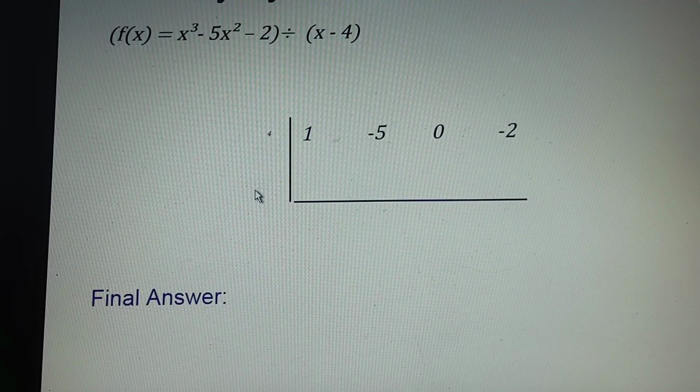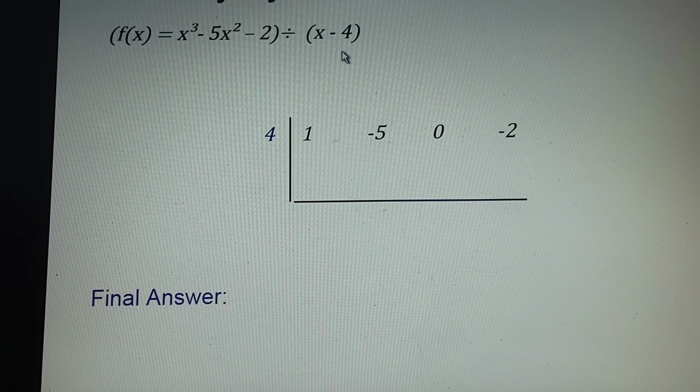Okay? So it's going to look like this. I've got my coefficient of 1 here, my coefficient of -5 here. In between here is where the x should be. There is none. So I'm going to put a 0 here. There are 0 x's. And then my constant, -2.